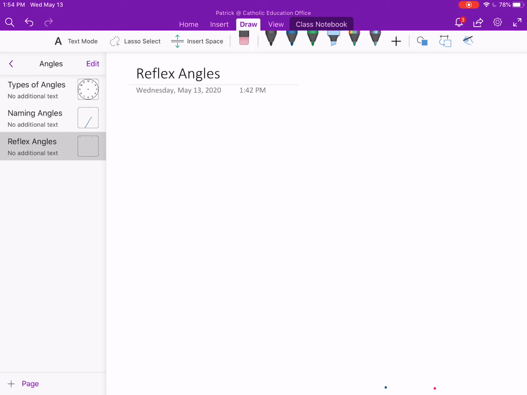I'm going to do this angle here, and you can put this in your workbook: put reflex angles at the top, put a number 1 and draw this angle, and then you're going to decide, is this less than 90, equal to 90, greater than 90, or greater than 180. Pause the video and then come back when you're done.